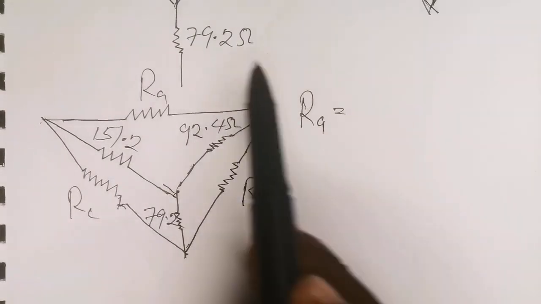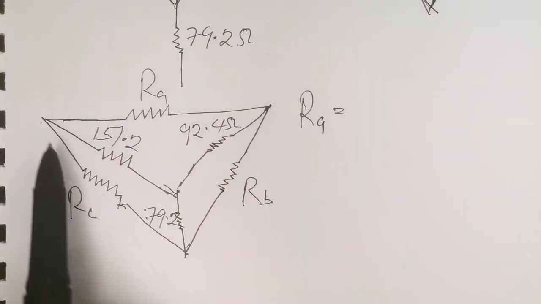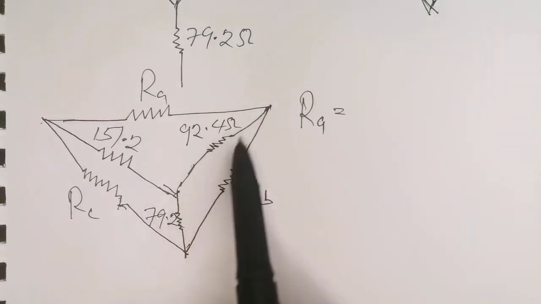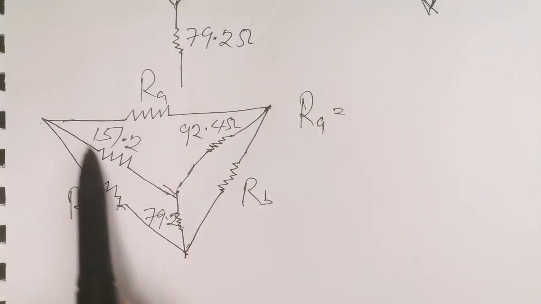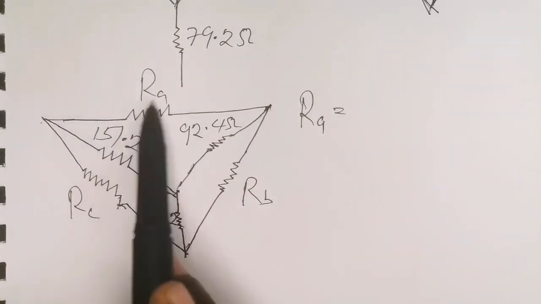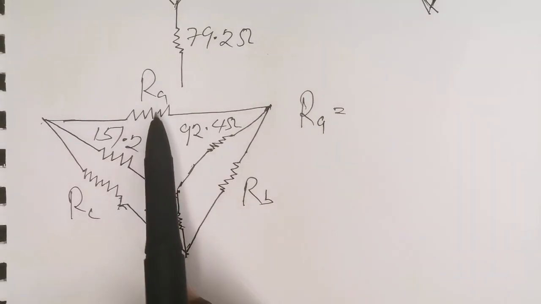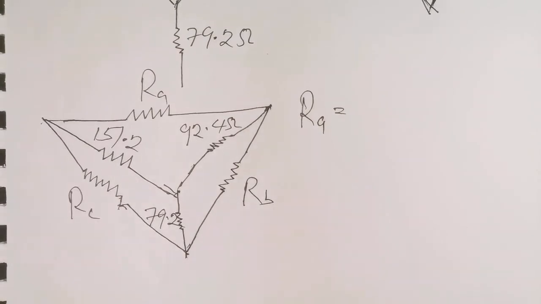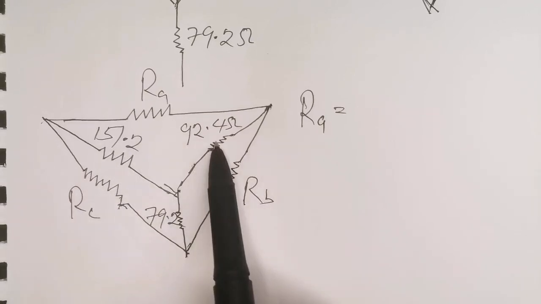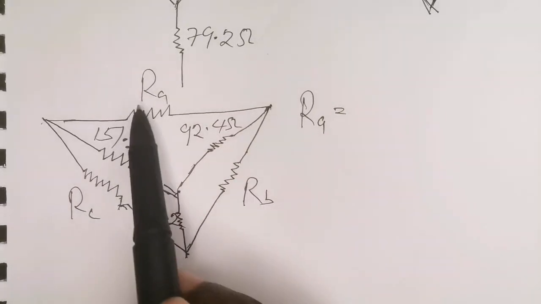The loop from this circuit that forms a complete triangle with RA is simply from here, this point, and this. So I have this loop forming a complete triangle with RA, which is the unknown. So to get my unknown, I will simply find the summation of these two, which forms the complete triangle. So you're adding these two resistors, which form the complete triangle with RA.